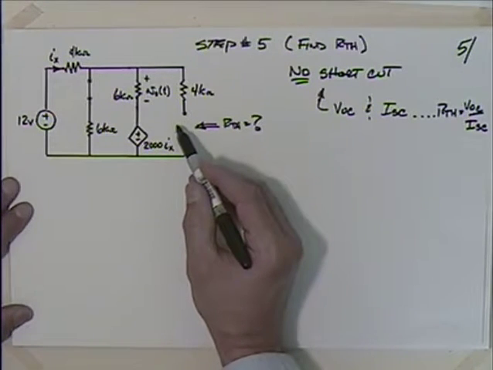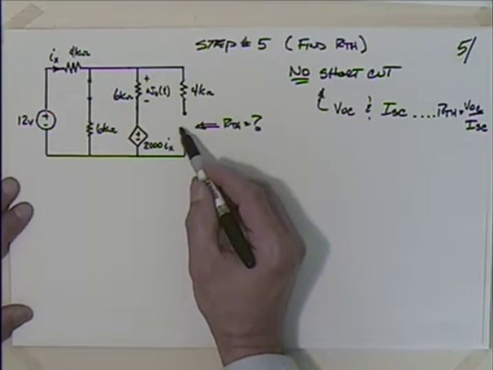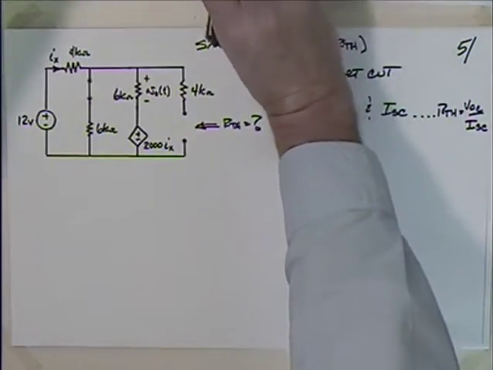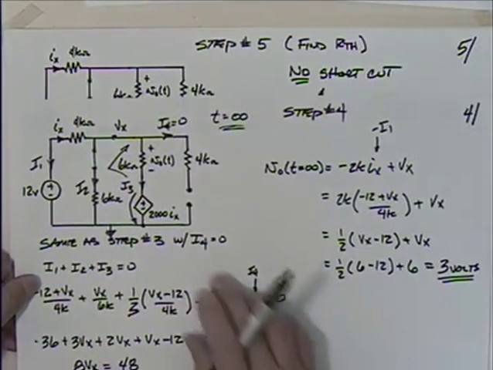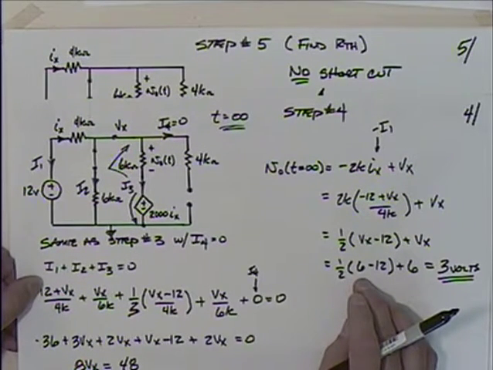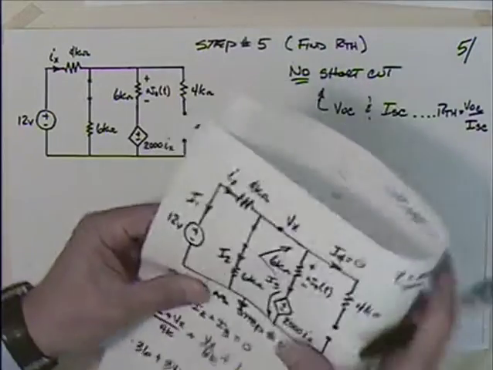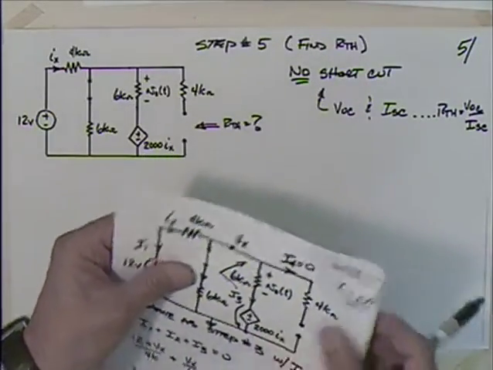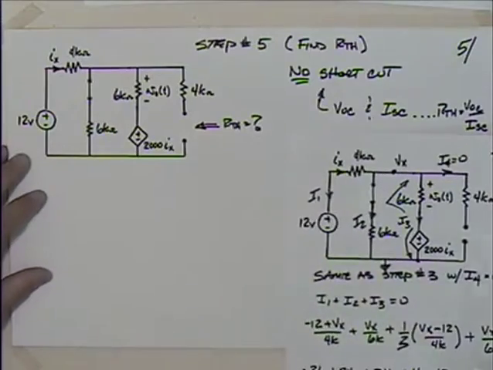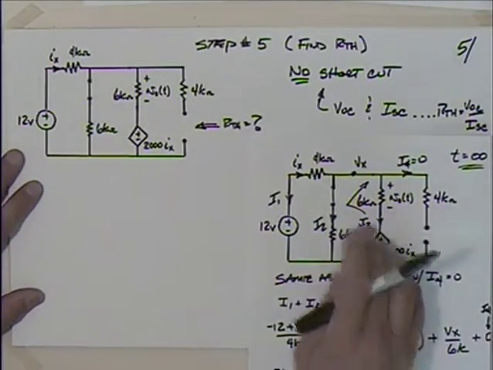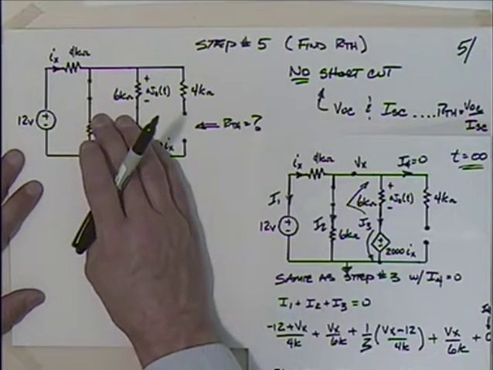Well, I think I've seen this circuit before. Did we see something like this back in step number 4? Yeah, this was almost the same, wasn't it? So let's look at this. There'd be nothing wrong with just grinding through this and finding V open circuit, but this circuit that we have here is really the same as this circuit here.